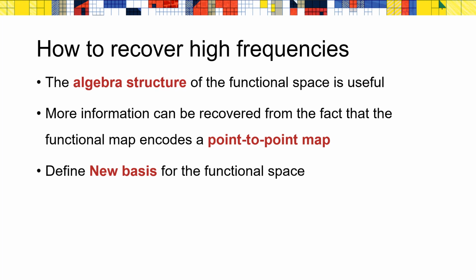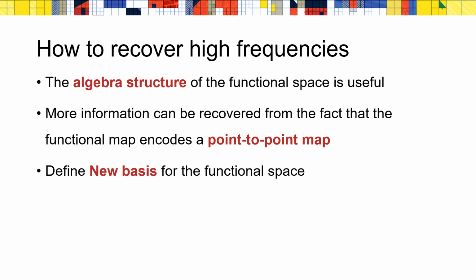The second way in which we saw that the high frequencies can be recovered is to exploit the connection between the functional map and the point-to-point map. This is done in the zoom out paper and also in the blurring and denoising technique.